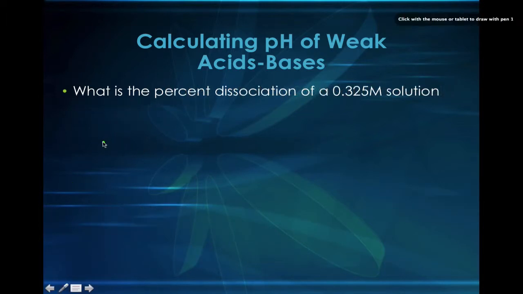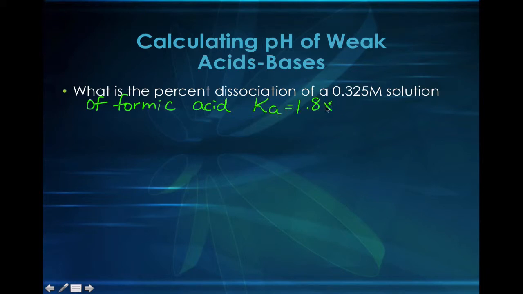So the next question is, what is the percent dissociation of 0.325 molar solution of, probably should have finished that question, it should say formic acid, and then formic acid's Ka is 1.8 times 10 to the negative fourth. Okay, so there's the completed question.